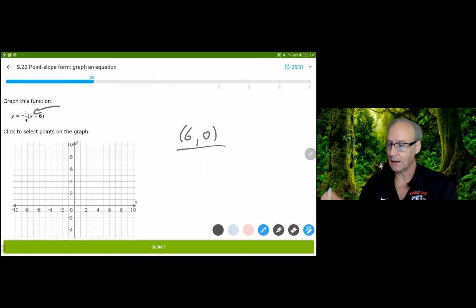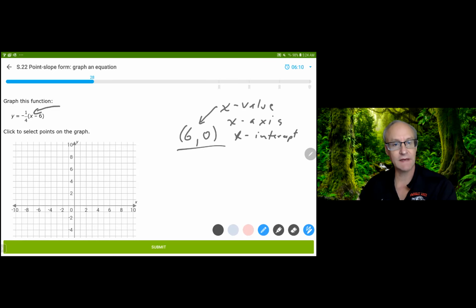And the way you can tell, you see that x value? An x value is on the x-axis, and it is an x-intercept. And notice that y is equal to 0 on the x-axis. 2, 0, 4, 0, and there's my 6, 0.